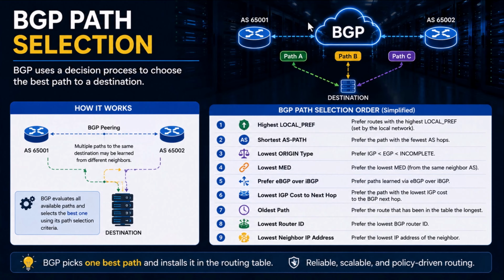If there is still a tie, BGP continues using additional tiebreakers. The important thing to understand is this: BGP is not simply looking for the mathematically shortest path. It is choosing the path based on a policy-driven decision process. This is what makes BGP very powerful.